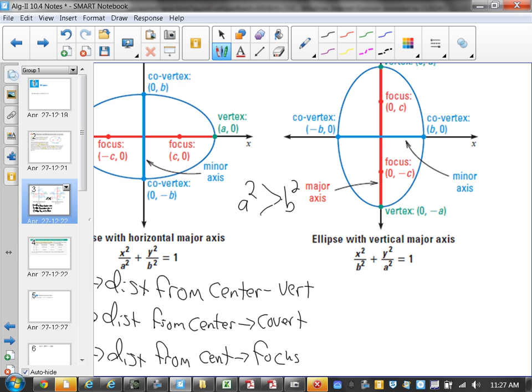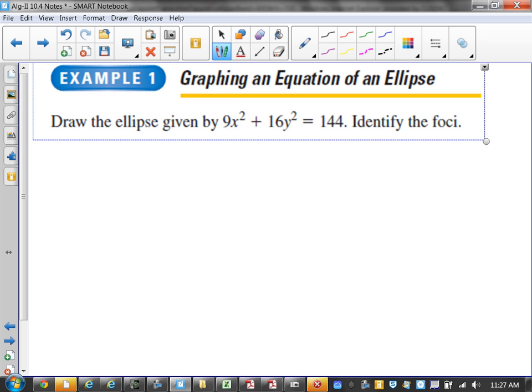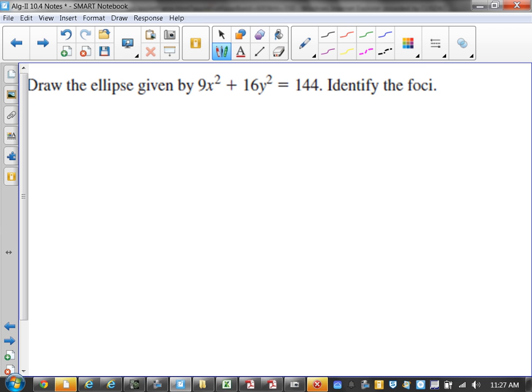Let me show you this. Let's say I have the following equation, and I want to write the equation in standard form of an ellipse. And I have 9x squared plus 16y squared equals 144.